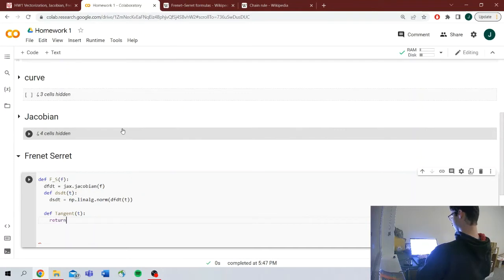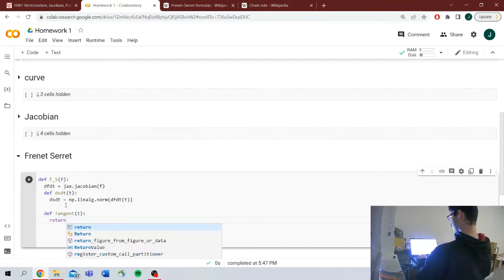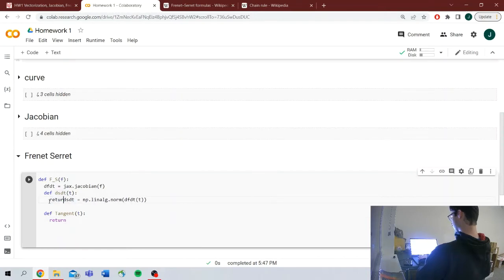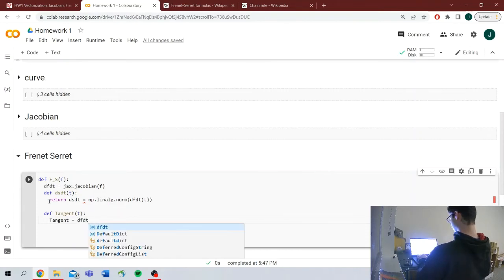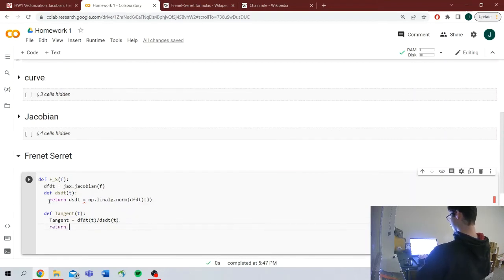And we're going to return, I should probably return that too. We want our tangent to equal df dt at t divided by ds dt at t. And we'll return our tangent. Okay.